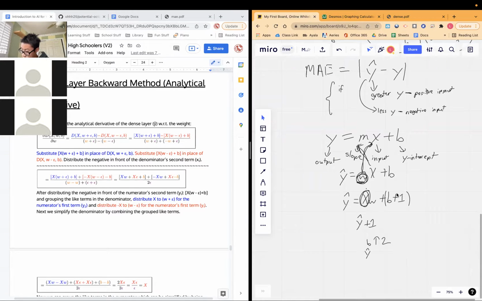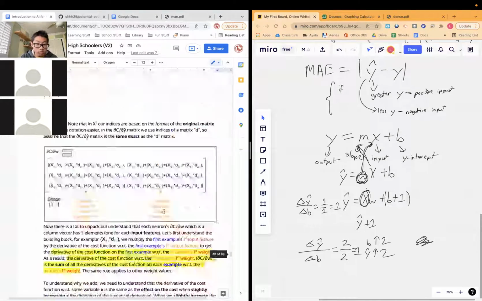Pretty much 2. So as you can see, the change in y hat divided by the change in b, y hat changes by 2 and b by 2, gives 1. Over here, the same thing happens, where you have 1 over 1, which is 1. So that's why your slope is 1.